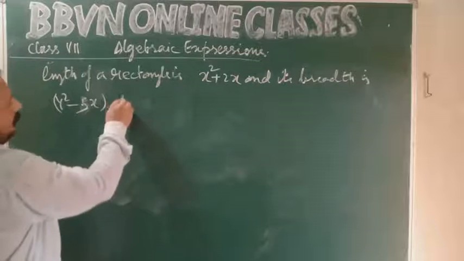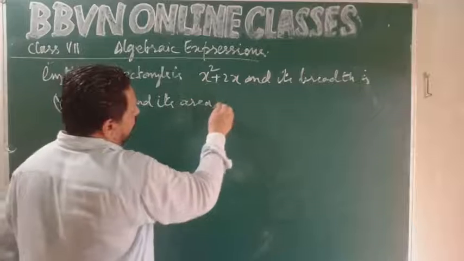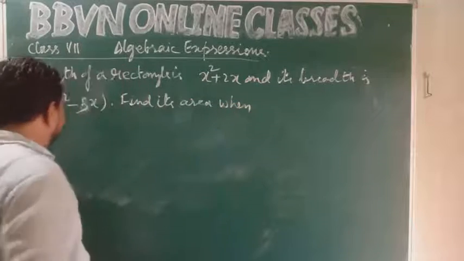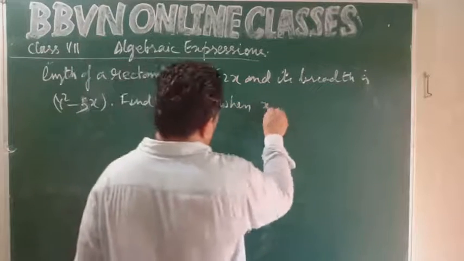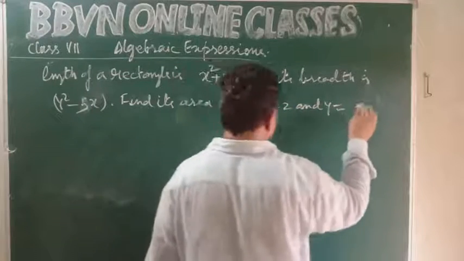Find its area when x is equal to 2 and y equal to 4.